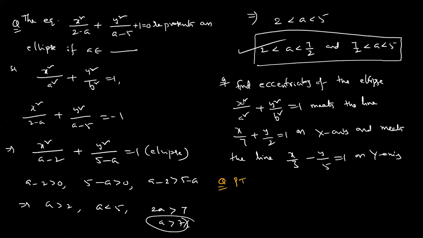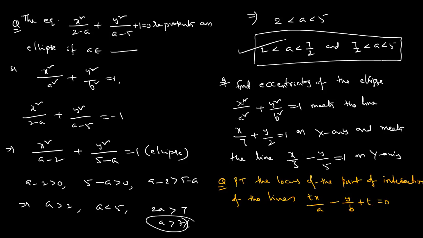Prove that the locus of point of intersection of the straight lines px by a minus y by b plus t is equal to 0 and x by a plus ty by b minus 1 is equal to 0, where t is any parameter, is an ellipse, and find its eccentricity.